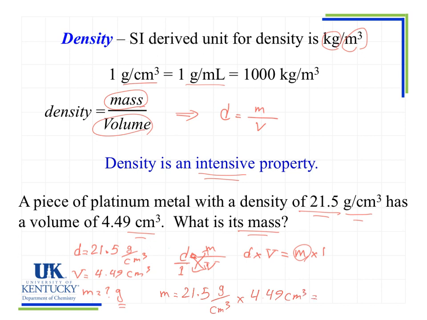So the answer is 96.5. What's the unit? If you can see, we have gram over cubic centimeter times cubic centimeter, so we can cancel these two and we have gram. So the unit will be gram.